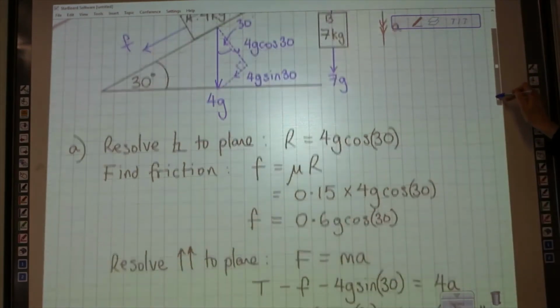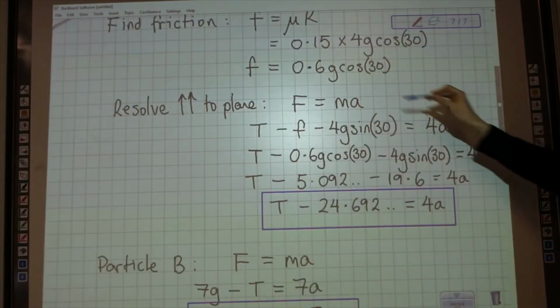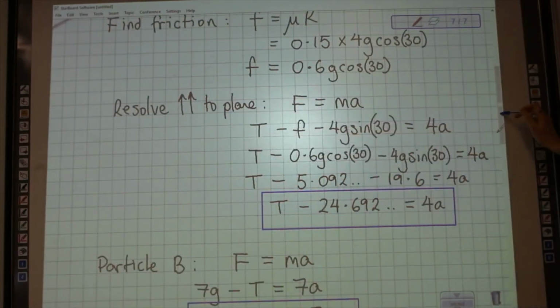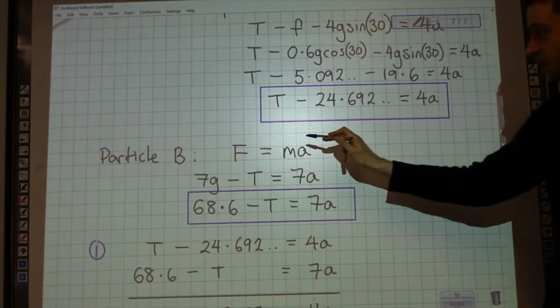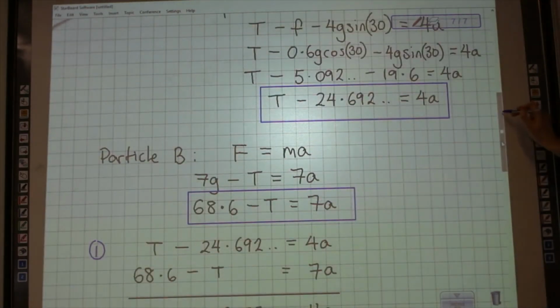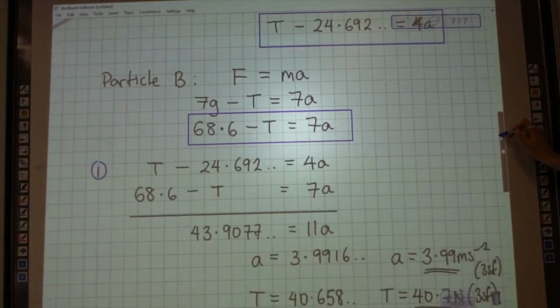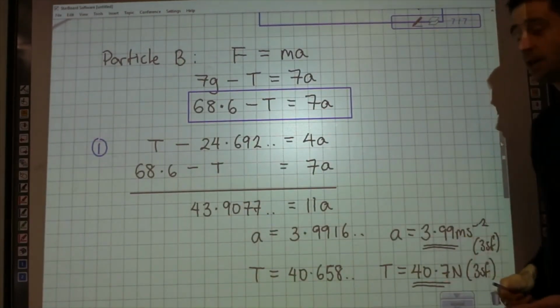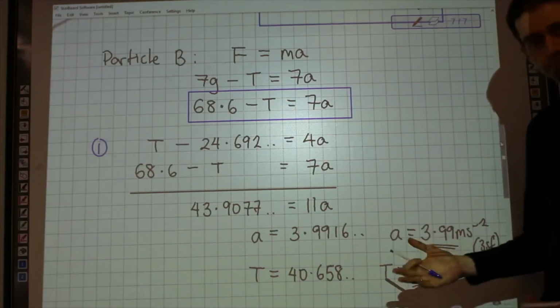And once we had the value of friction, we were able to write an equation of motion for A, resolving parallel to the plane. Once we'd done that, we did an equation of motion for B. We then solved those two equations simultaneously, and that gave us our value of a and our value of T. Thank you very much.